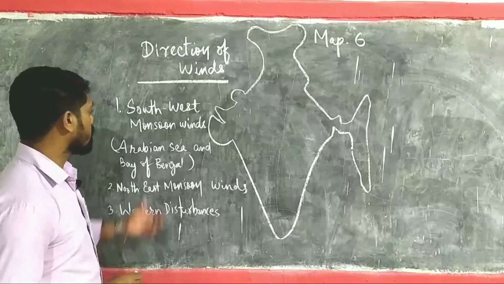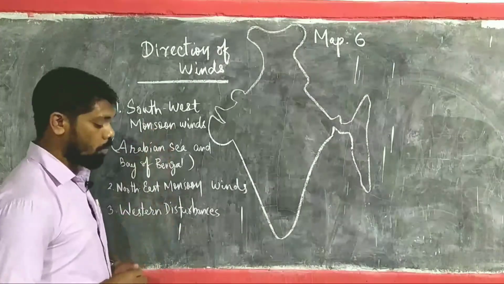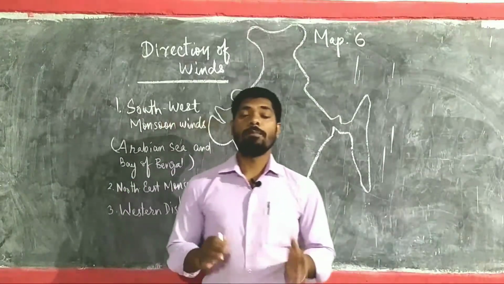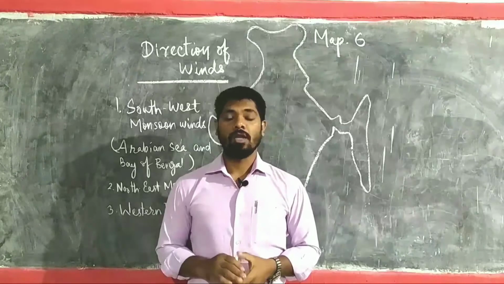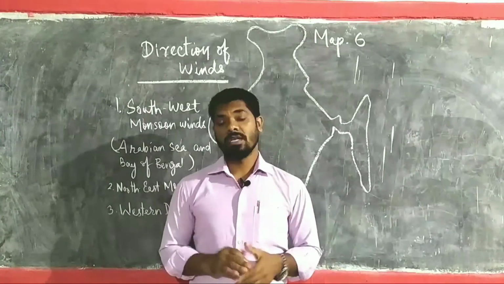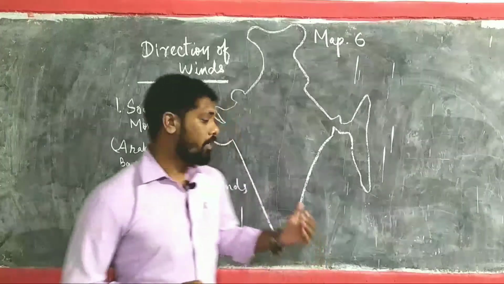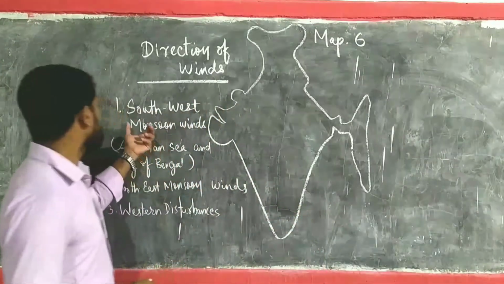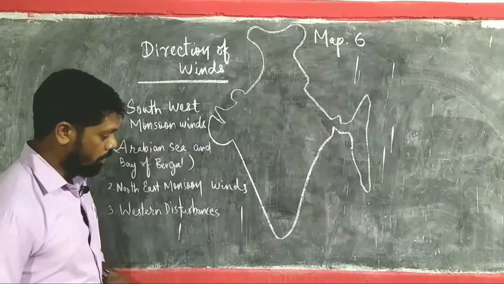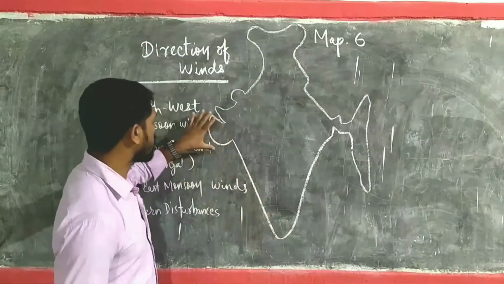The first one is southwest monsoon winds. As we have studied in 9th standard, the wind pattern will not change. Wherever you draw on the map of India, the pattern of wind will be the same as it is. So when we are asked for the southwest monsoon winds, right? The southwest monsoon winds, it is south and it is west.